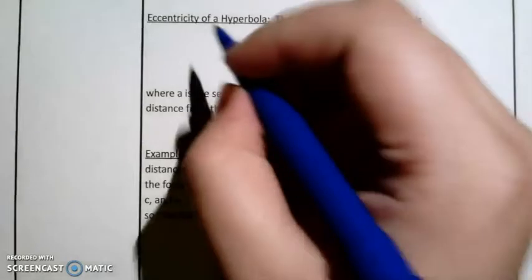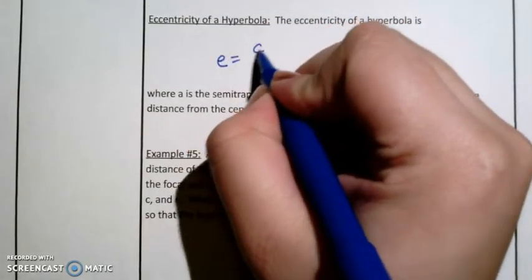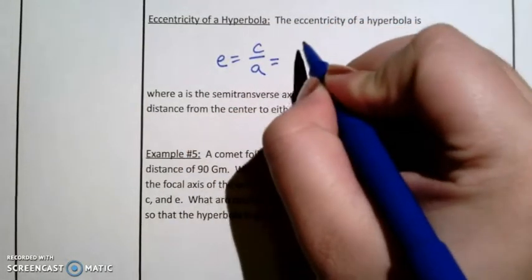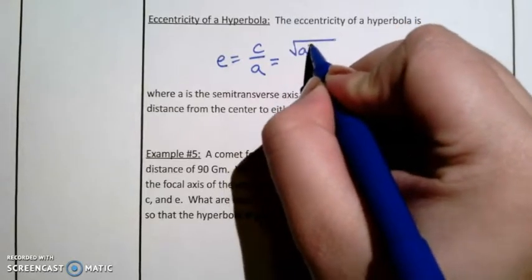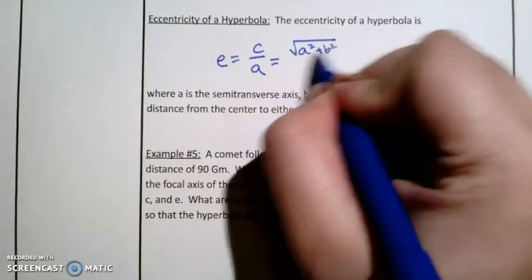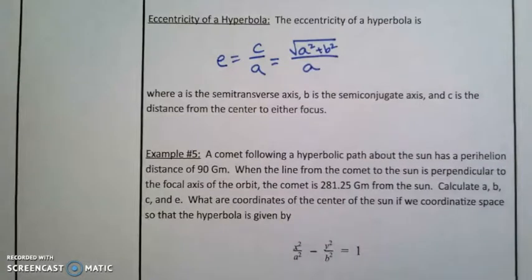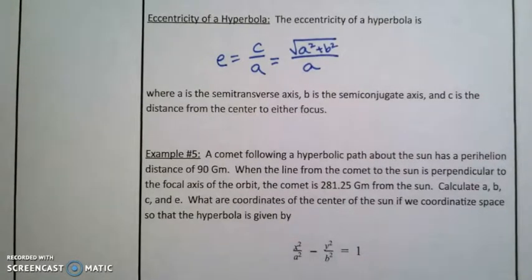In this case, we have e equals c over a, where c is the square root of a squared plus b squared. a is the semi-transverse axis, b is the semi-conjugate axis, and c is the distance from the center to one of the foci, so either focus.